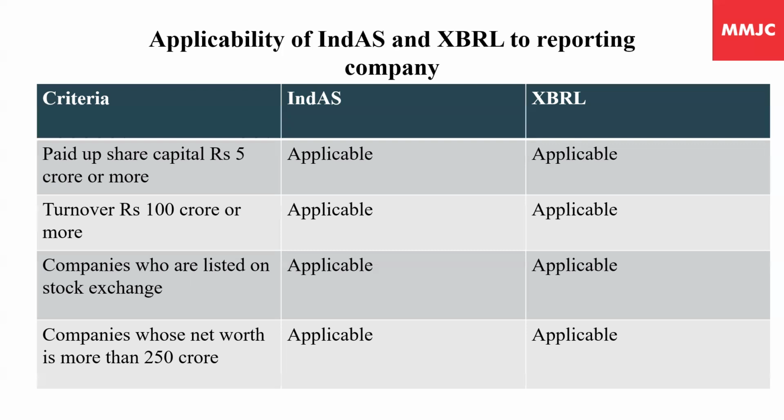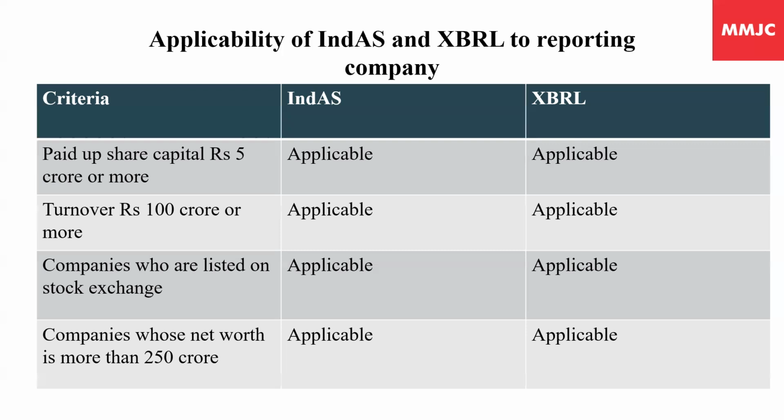Further, with respect to Ind AS rules, if Ind AS is applicable to a reporting company, then it will be applicable to its holding company, subsidiary company, associate company, and joint venture company as well.